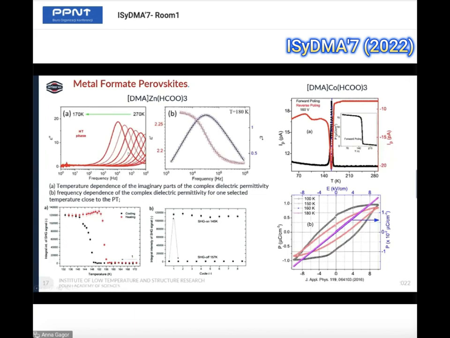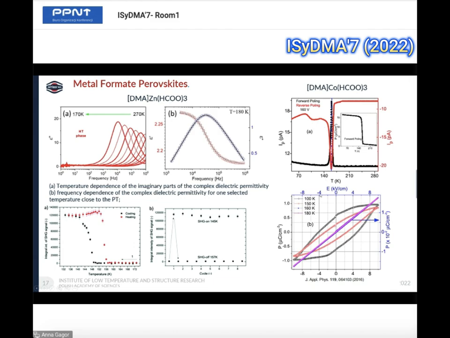Usually in these materials, the relaxation is seen over a large width of frequencies and temperatures. Usually, the ferroelectric properties are evidenced just by the fact that we are able to reverse the pyroelectric current.